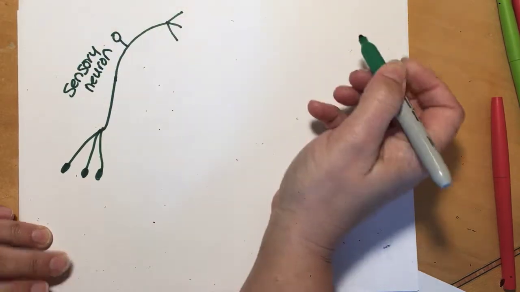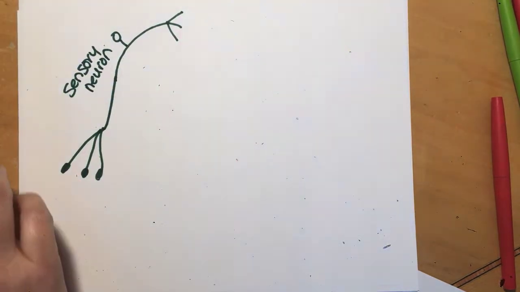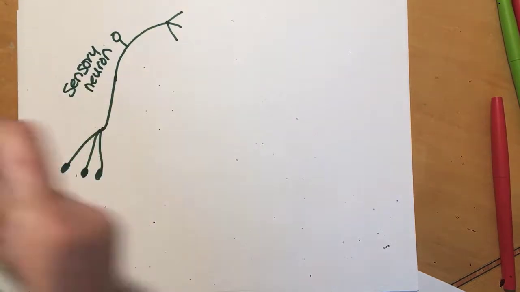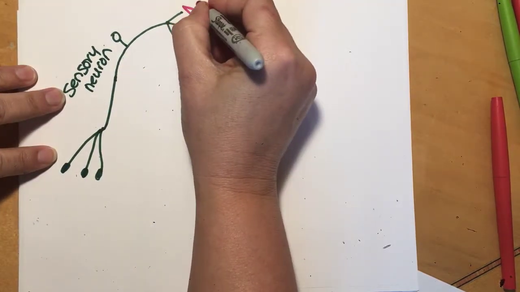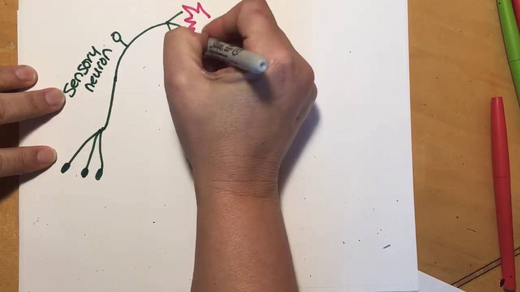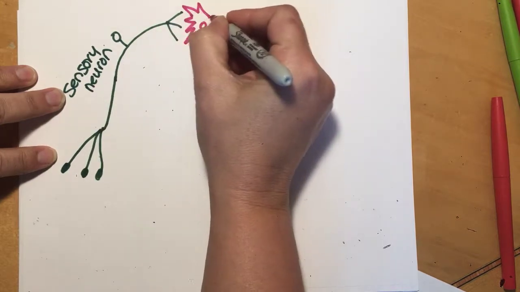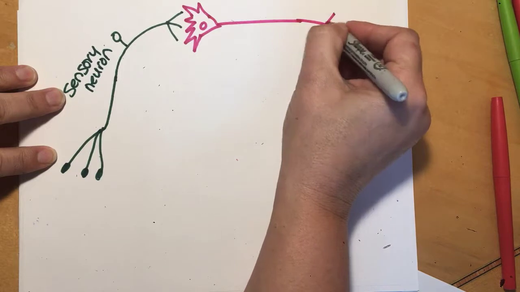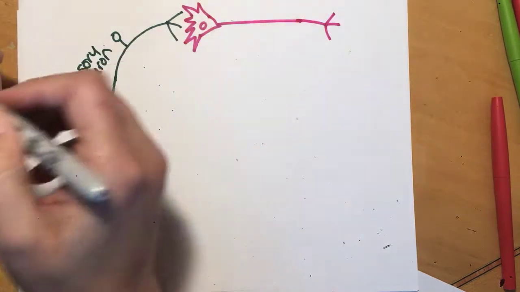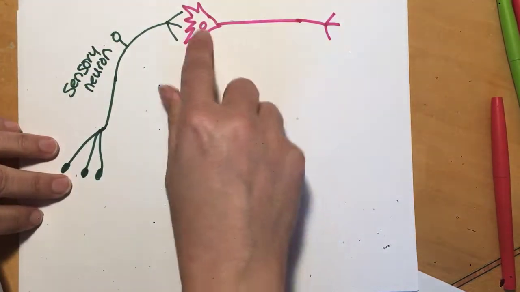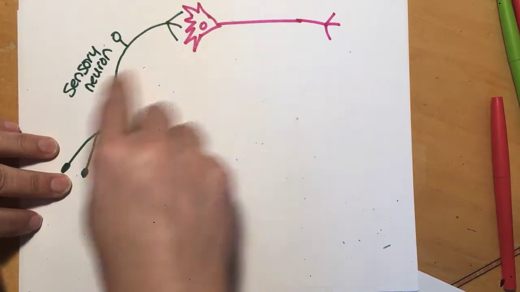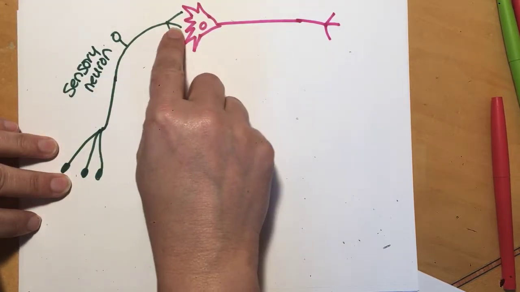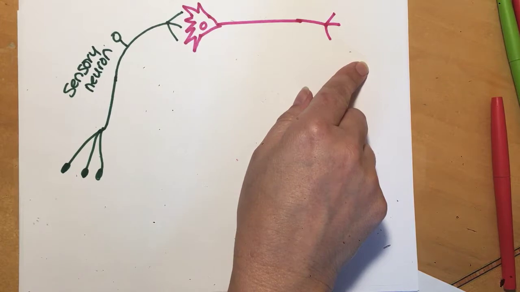I have a cell body somewhere in here. In the central nervous system, the sensory neuron is going to synapse with an interneuron, whose job it is to sum up all the different sensory neurons coming in and make some kind of decision.